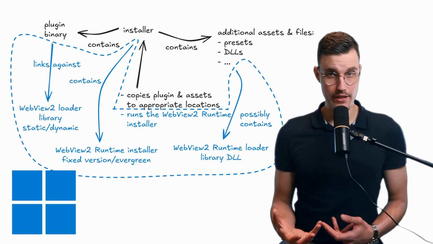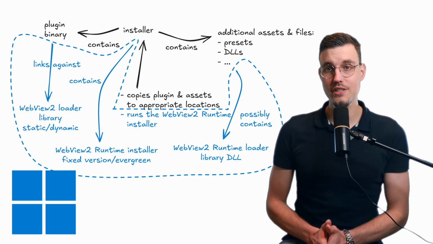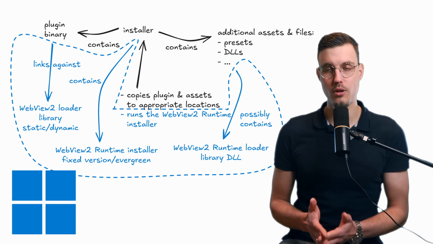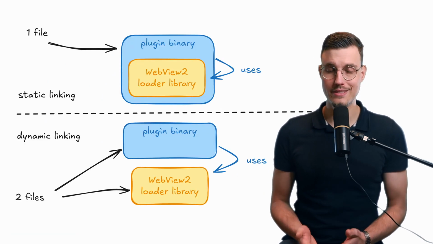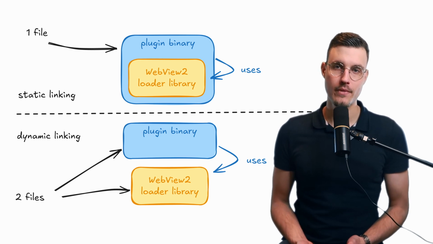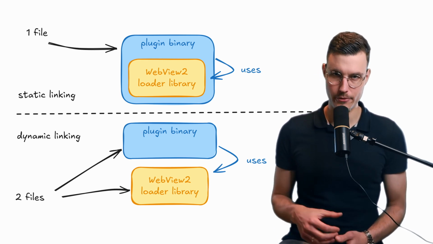Once you decide on how to bundle the WebView2 runtime installer, you need to link to the WebView2 loader library. There are two types of linking to choose: static or dynamic. Static linking embeds the loader library into your plugin binary.